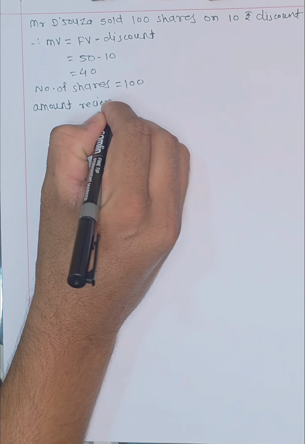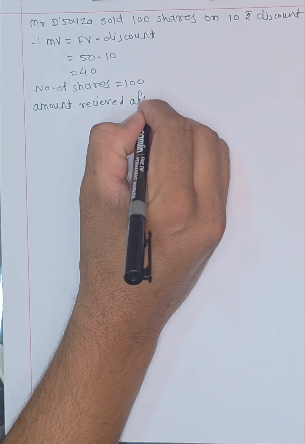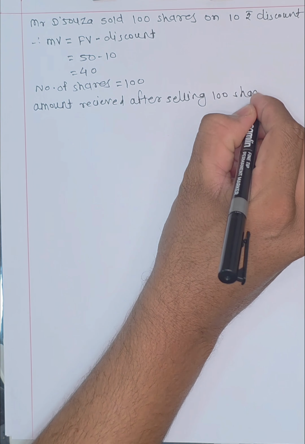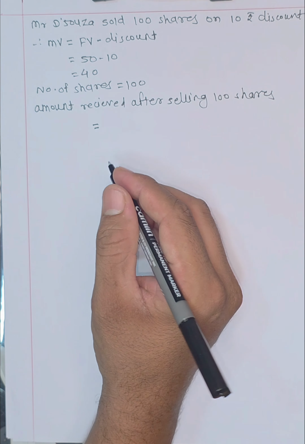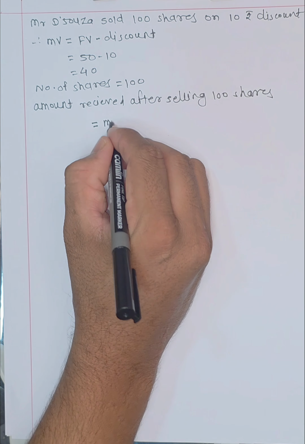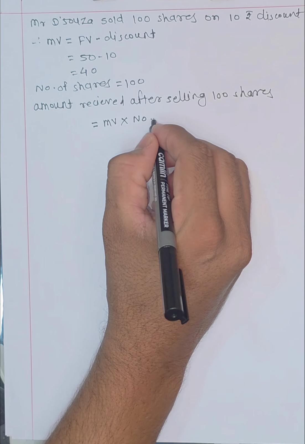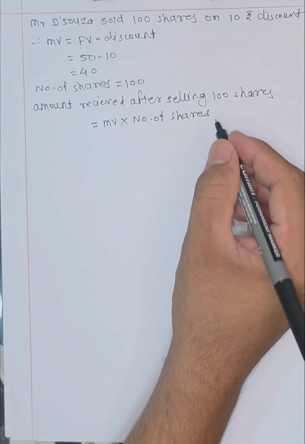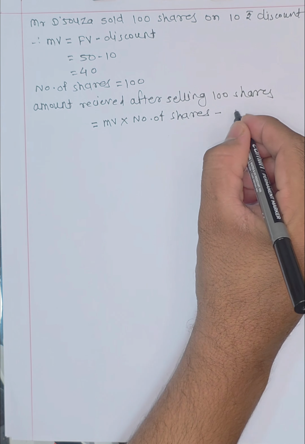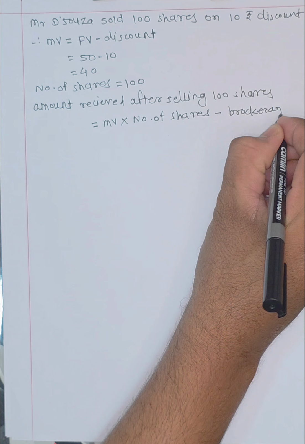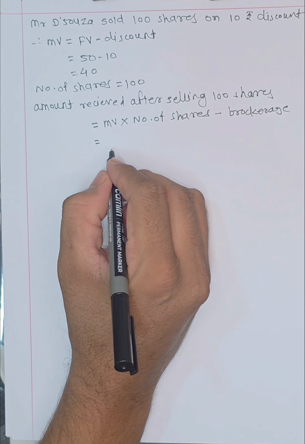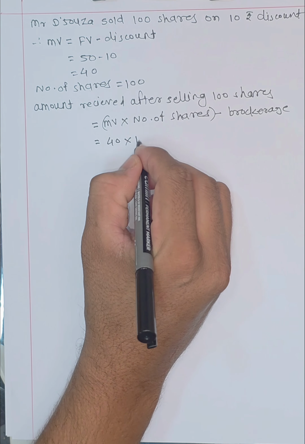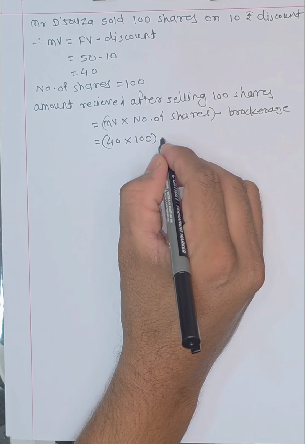Amount received after selling 100 shares is equal to market value into number of shares minus brokerage, because at the time of selling we have to subtract the brokerage from the total value. 40 into 100 minus 20.